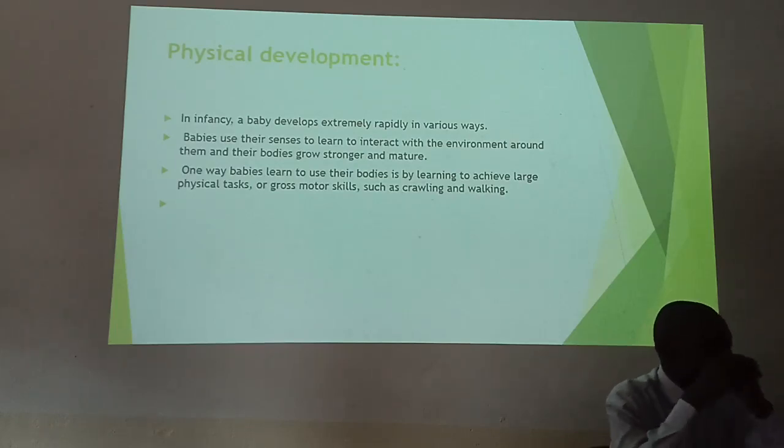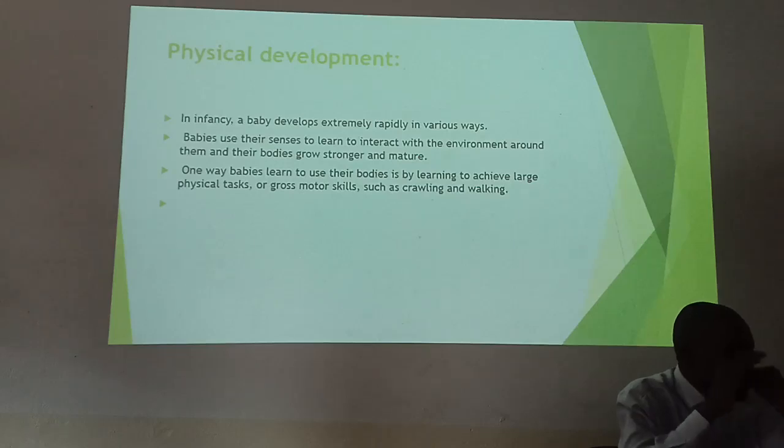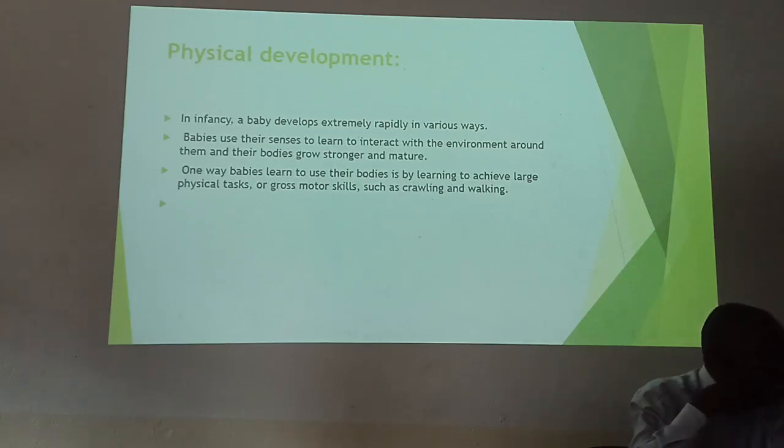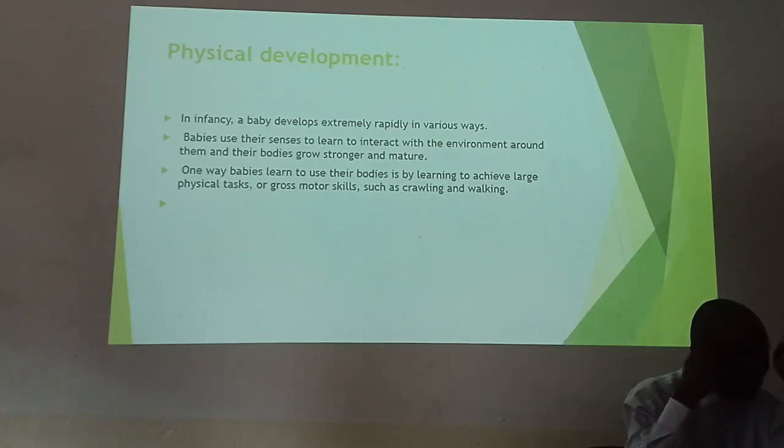In infancy, a baby develops extremely rapidly in various ways. Babies use their senses to learn to interact with what? The environment around them. And their bodies grow stronger and mature.